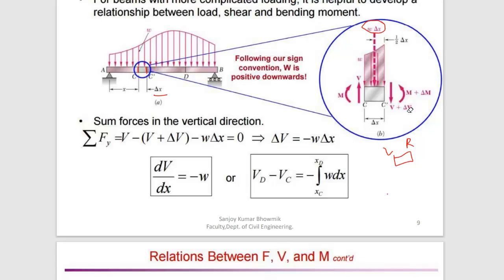That's why they consider the shear force at the C prime location as V plus del V. Do you understand that? No, sir. Why was it increased, sir? Is it just an assumption, or can you actually see it? The load is increasing here.